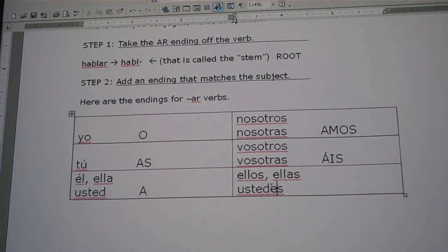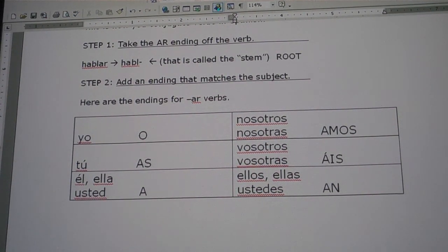Latin America. Okay? So this is "they" and "you all." Your ending for these subject pronouns is "an." A-N. Okay? So, o, as, a, amos, áis, an.